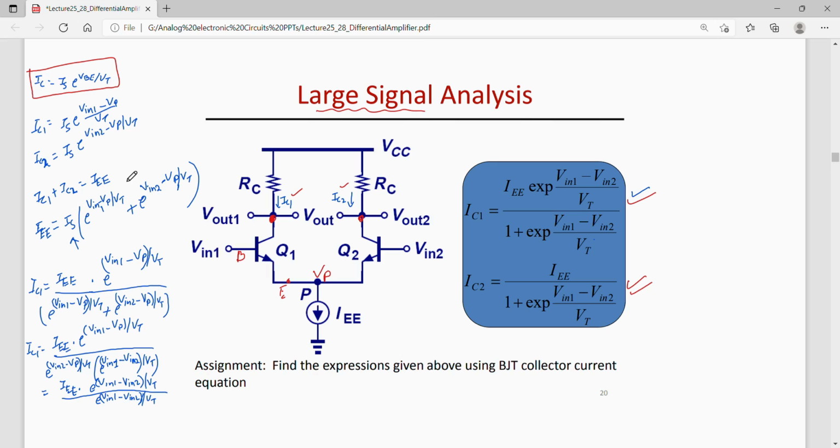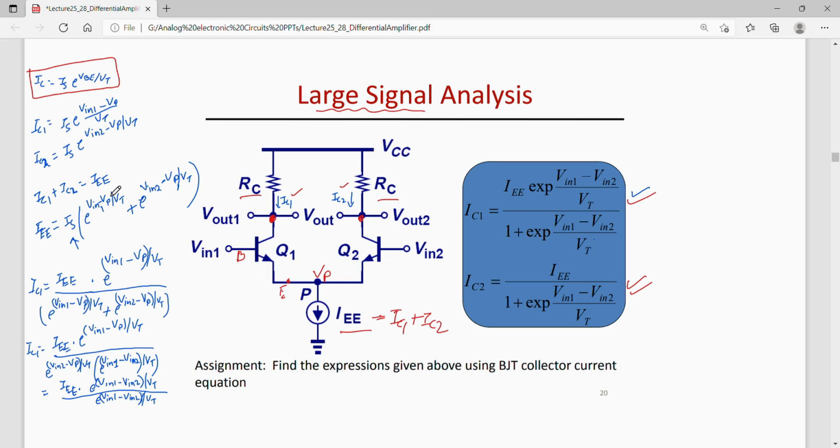And one can also write this relation, IC1 plus IC2 is IEE. So this IEE, I can write as IC1 plus IC2, provided Vin1 and Vin2 are both the same in magnitude, and these two transistors are identical. Resistances are already equal. So IE is IC1 plus IC2.